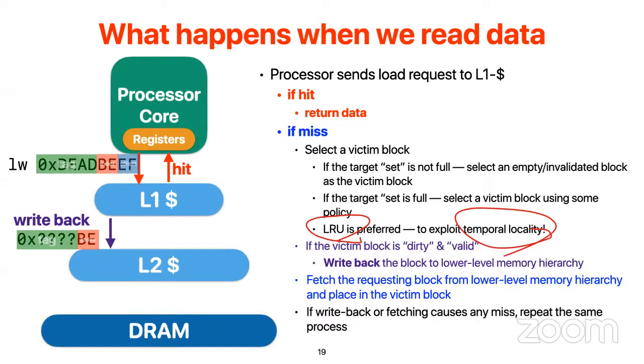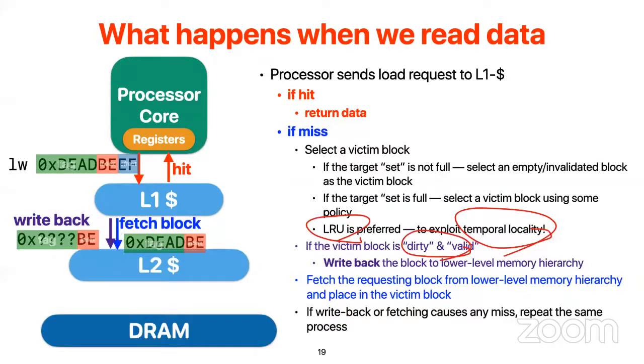When we kick out a block, if the block is a dirty block, it means you are the only one that has the right content, and if you don't back it up somewhere, you are going to lose that data permanently. So you have to write back first and fetch the block after you finish the write back.